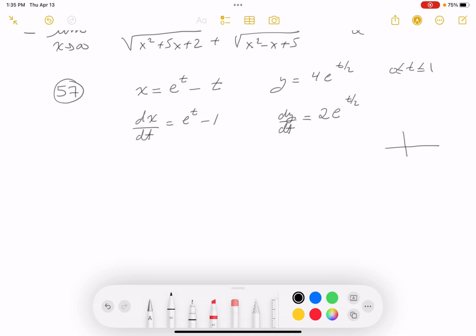So when t is 0, the x would be equal to 1, and the y would be equal to 4, right? Now when t equals 1, what do I get? x would equal e minus 1. And the y is going to be 4 root e if t is 1.